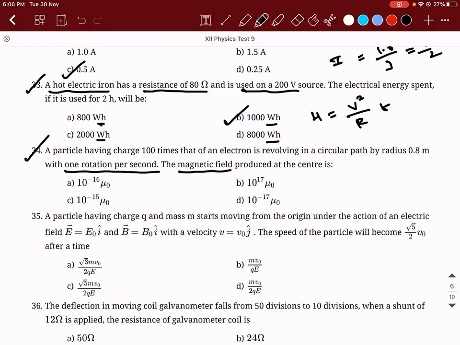When will a magnetic field get produced? Only when there is a current. So I should be equal to Q by T. Try to understand this. What is the value of charge? There is a particle that has 100 times the charge of an electron, divided by the time it is taking to revolve. It is 1 rotation per second, so its time period is 1.